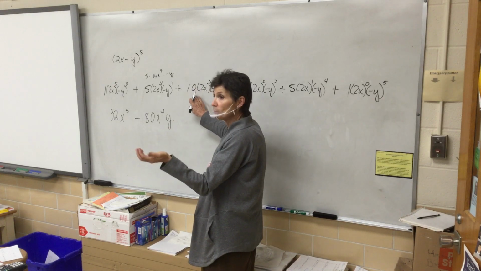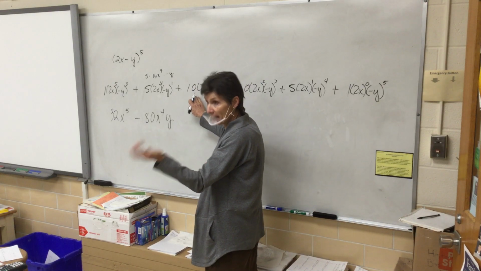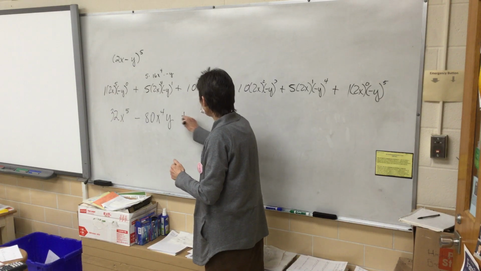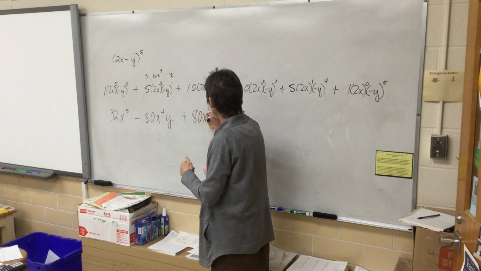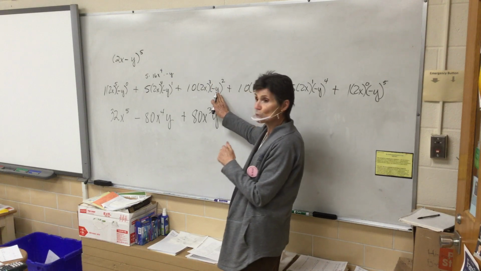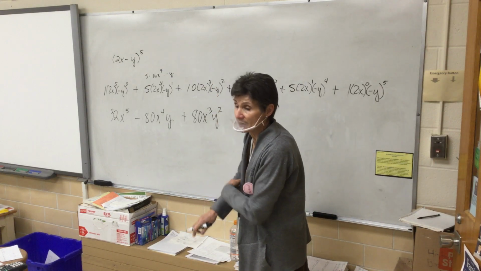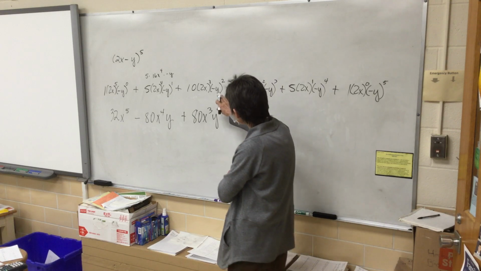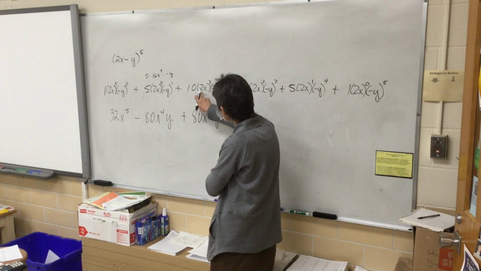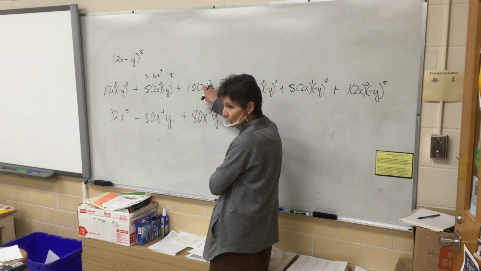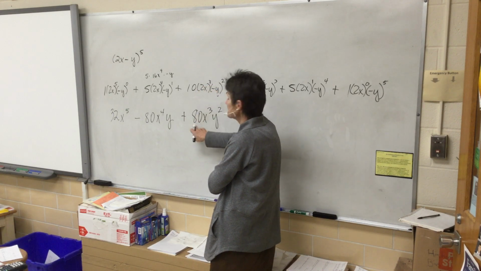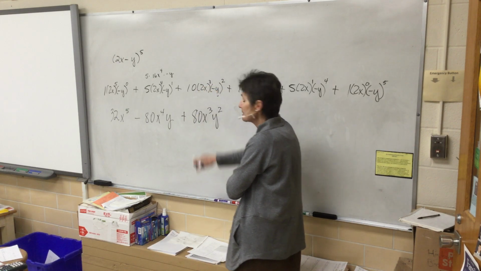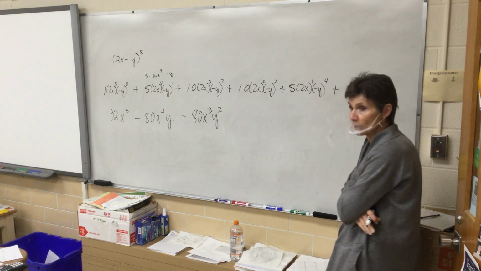But then yes, you have to multiply it by 10, so you're gonna get 80. But I'm thinking it's going to be positive, because when you square a negative, doesn't it become positive? So that's a y squared and x cubed, and then you're right, that makes an 8. 2 cubed is 8, times 10 is 80. That's right, positive 80 x cubed y squared.